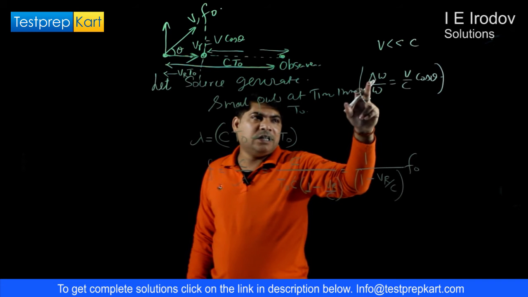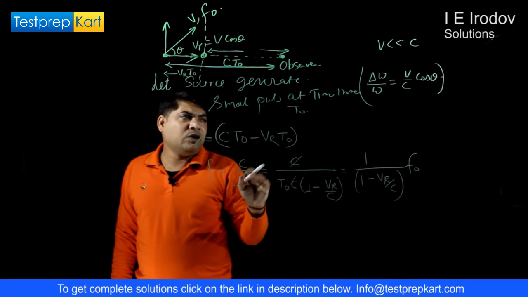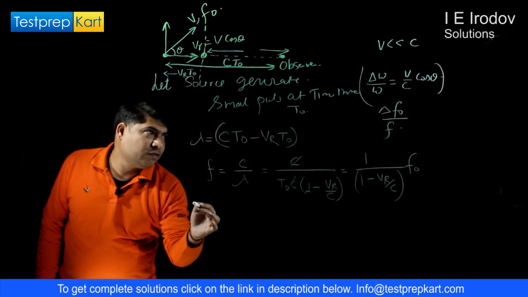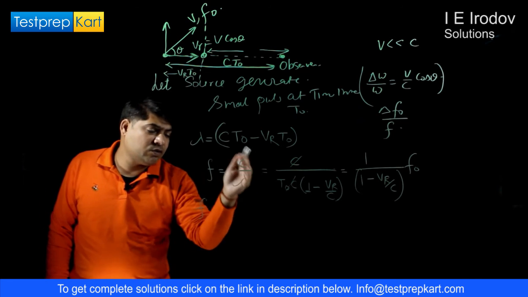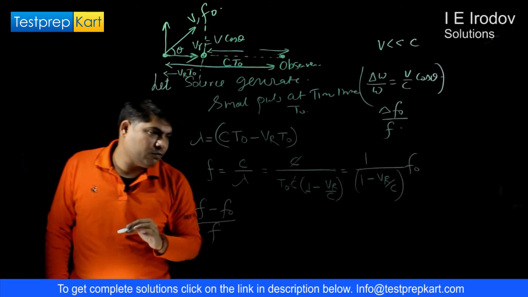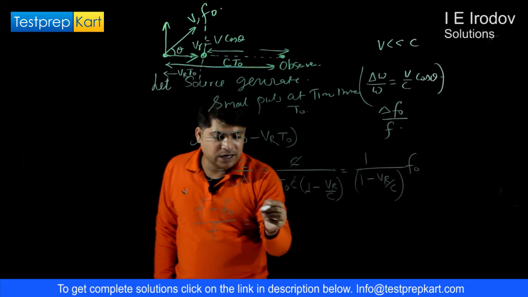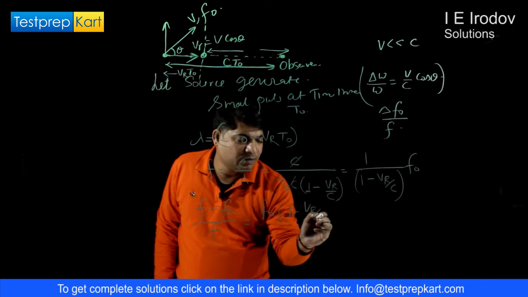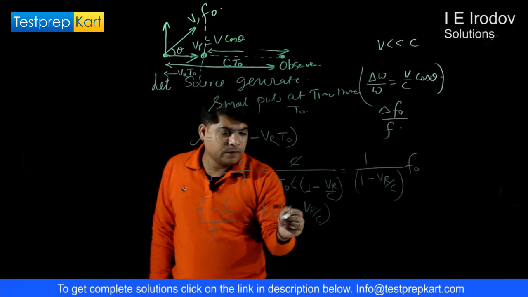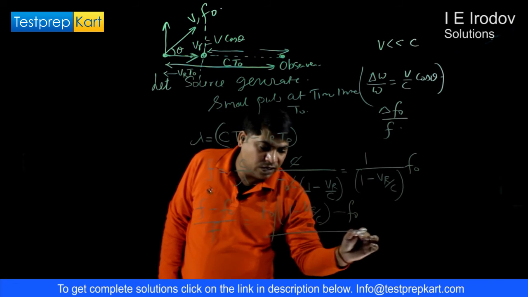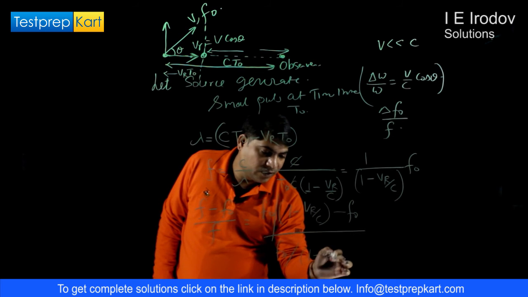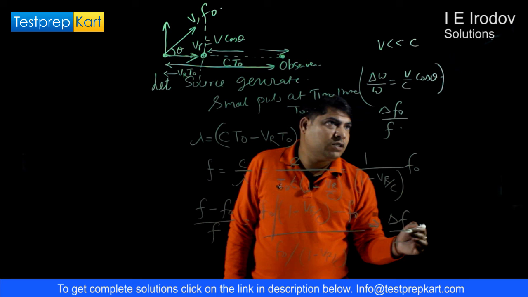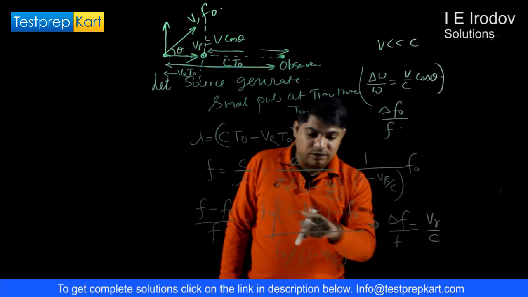Now we have to calculate the difference, that is Δω/ω, or we can say Δf/f. Here the source is moving towards the observer, so we want to calculate (f − f0)/f. Substituting this expression, f0(1 − Vr/c)... from here we'll get Δf/f = Vr/c.